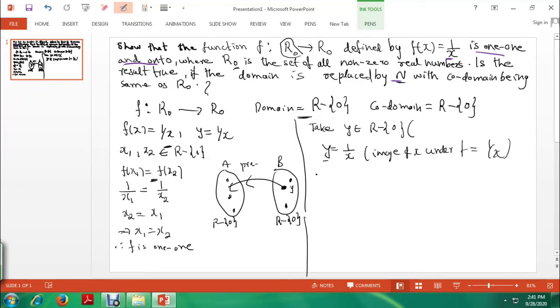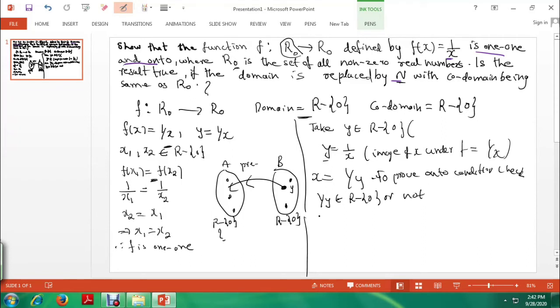Okay, now see, y equal to 1 by x is there. Okay, then see, cross multiplying, you will get x equal to 1 by y. To prove onto condition, you need to just check whether 1 by y belongs to R minus 0 or not.